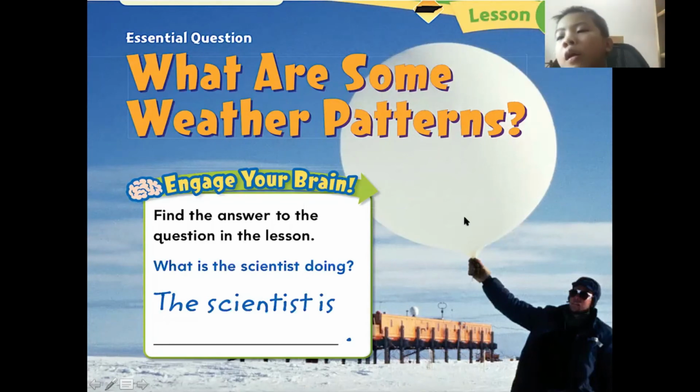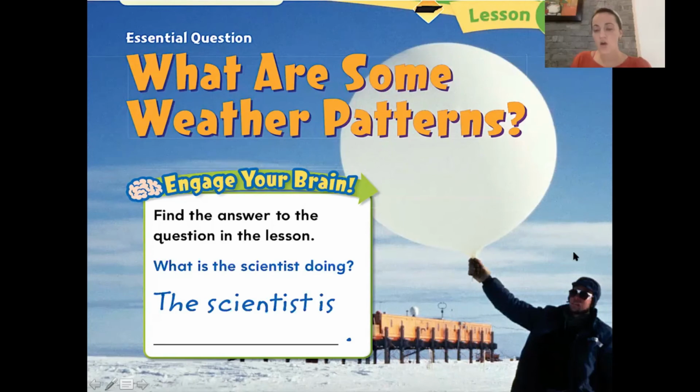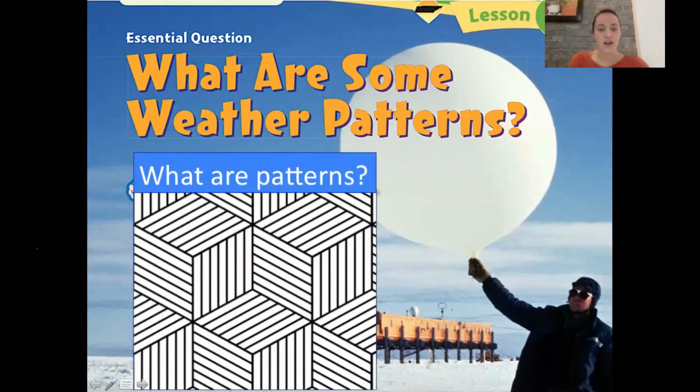I think the scientist is trying to see if the balloon can pop or not. Good. So you're on the right track, Min Long. The scientist is using the balloon to measure the weather. He's using it to learn something about the weather in the North Pole. Will the balloon pop? How high will it float? What's the pressure? So he's using this to measure.